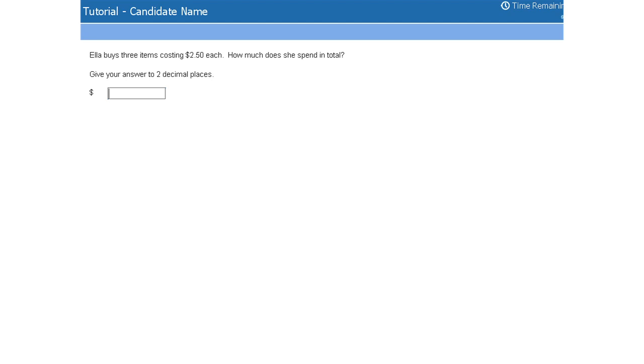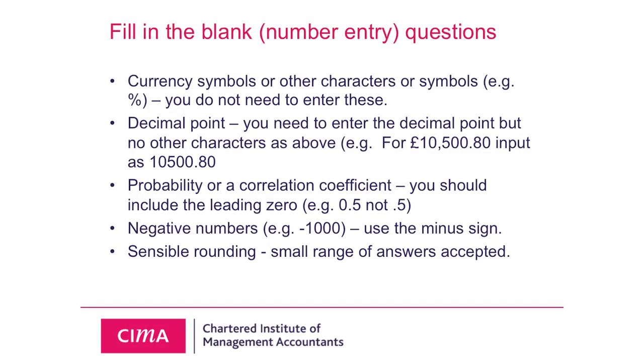This is an example of a data entry question where you must put in your own answer. The question tells you how many decimal places are required. Make sure you follow any guidance on the format of your answer. For number entry questions, you do not need to include currency symbols or other characters or symbols such as percentage sign, as these will have been completed for you automatically.